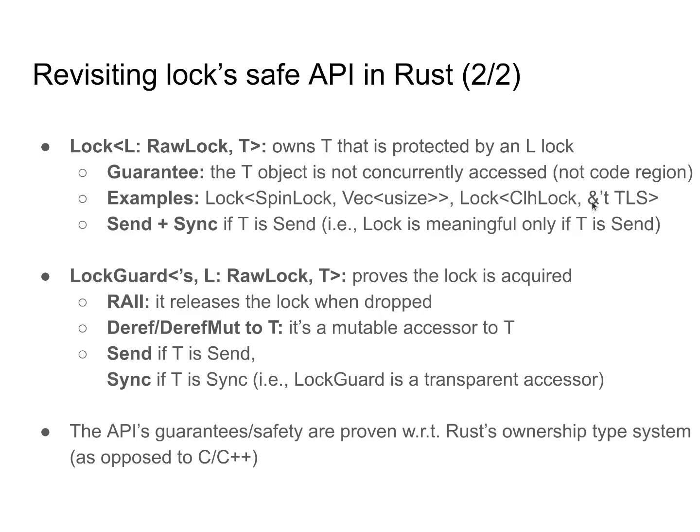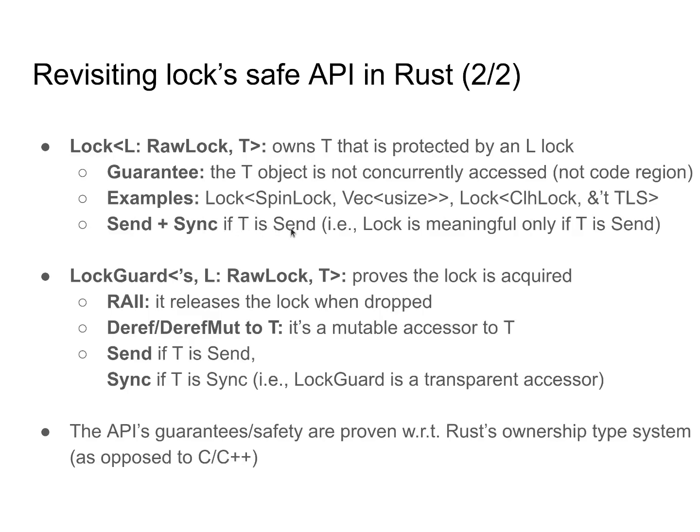You have to make sure of that, and that kind of constraint will be implemented by the lock guard and these trait constraints. So this lock type is Send and Sync if the underlying type T is Send.